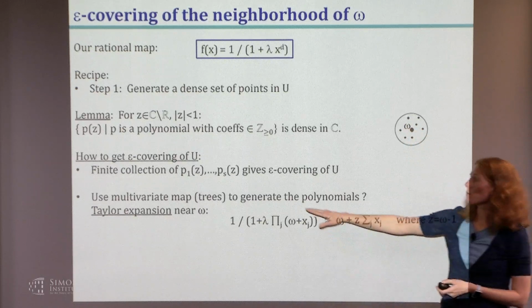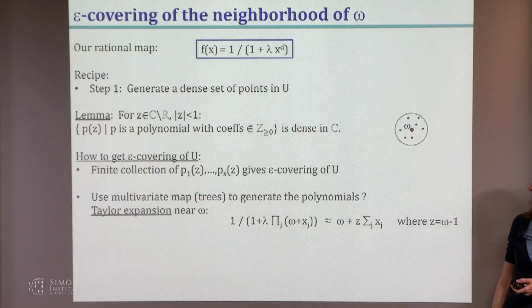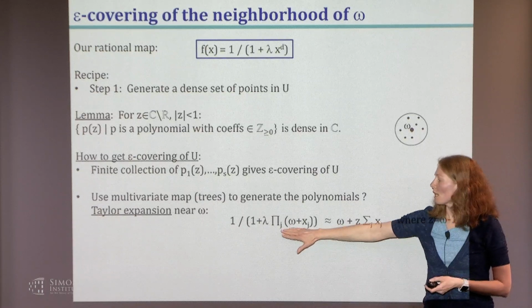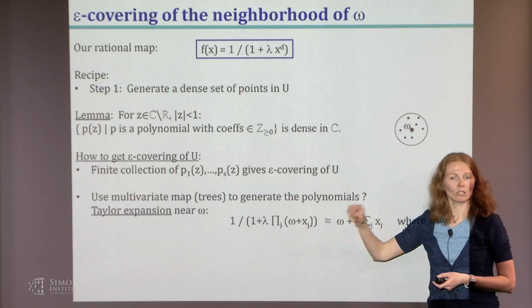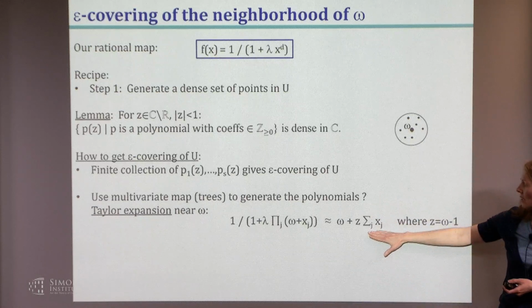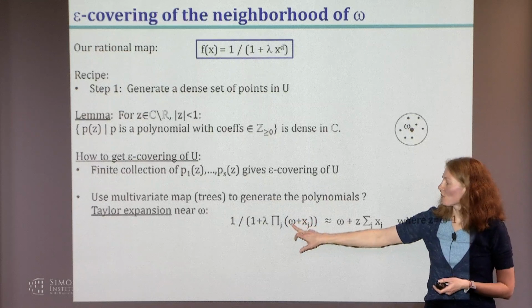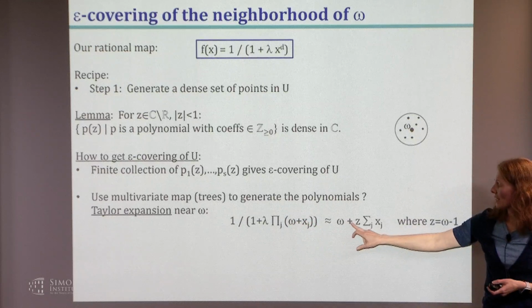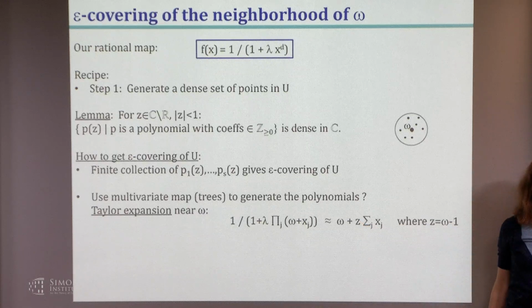And I'm going to use multivariate trees to generate these polynomials. Namely, when I look at my multivariate map and evaluate it close to the fixed point, I can use a Taylor expansion. And my deviation from the fixed point is going to be z times a sum of the previous deviations.